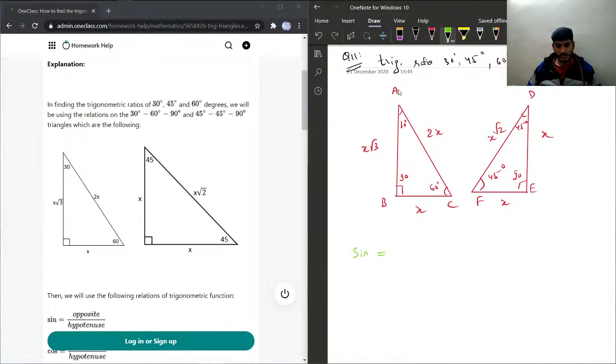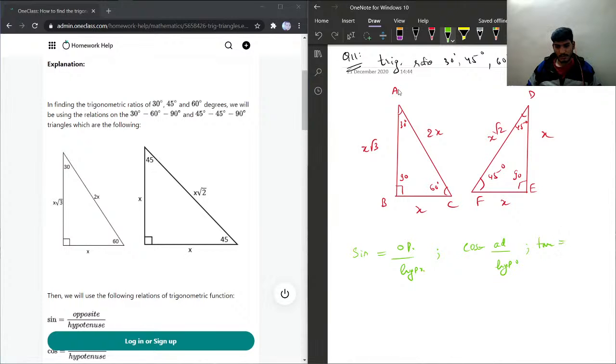So I'll just write the ratios. So sine will be opposite over hypotenuse. Cosine will be adjacent over hypotenuse.